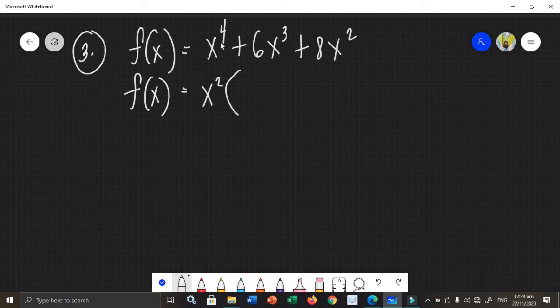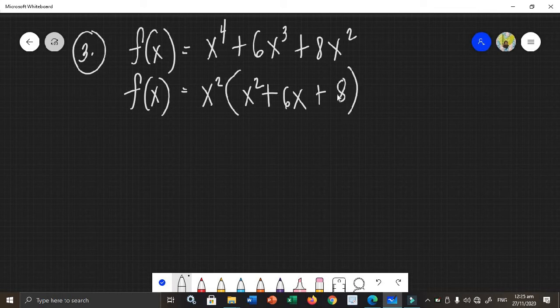So x to the fourth divided by x squared, the answer is x squared. Plus 6x cubed divided by x squared, the answer is 6x. Plus 8x squared divided by x squared, the answer is 8.